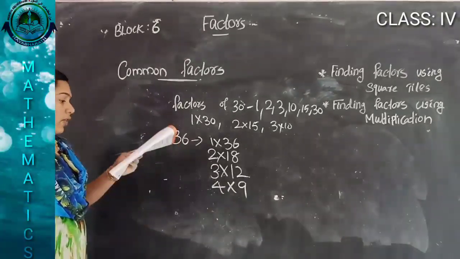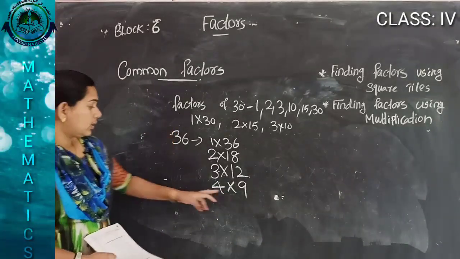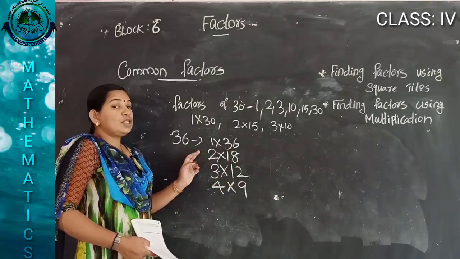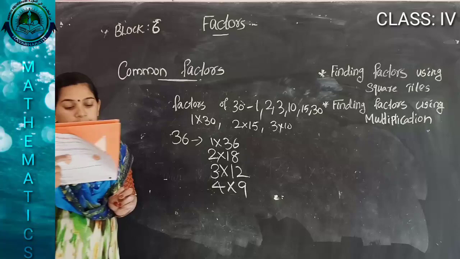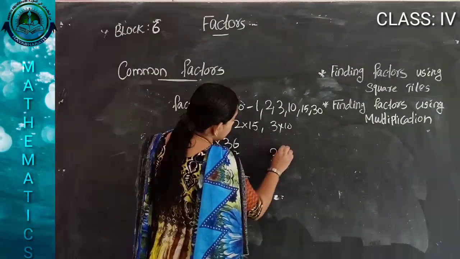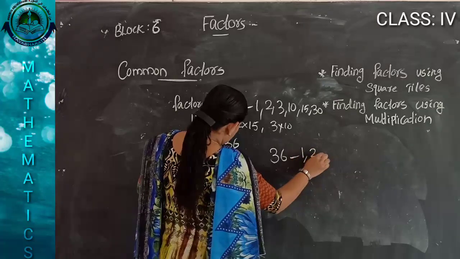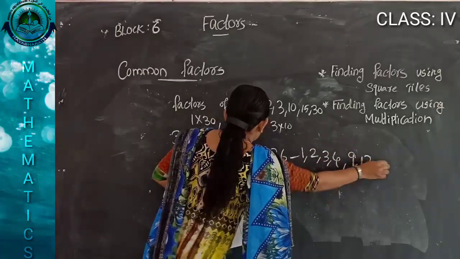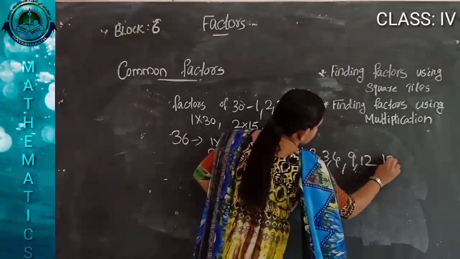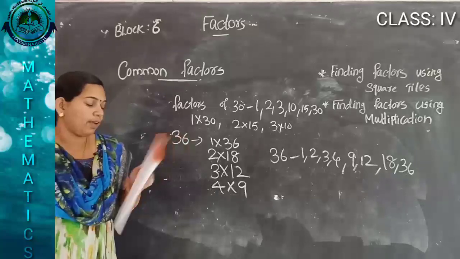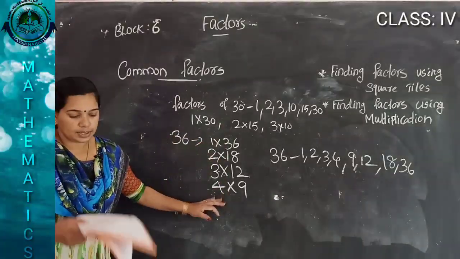These are the factor pairs. Then 9 into 4, 12 into 3, 18 into 2, 36 into 1 are also possible. Factors of 36: 1, 2, 3, 4, 9, 12, 18, 36. These are the factors of 36 and these are the factor pairs.